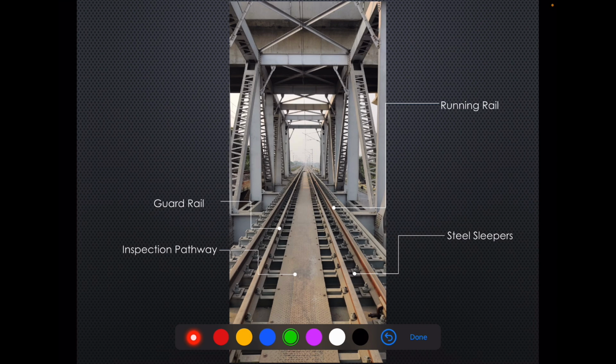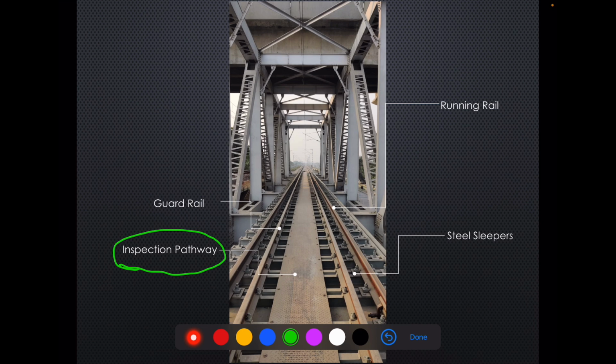Then there is one more thing which is called inspection pathway. Inspection pathway is bolted on steel sleepers at many places like this, and it is meant for walking of inspection workers, or some fabrication workers over the bridge.